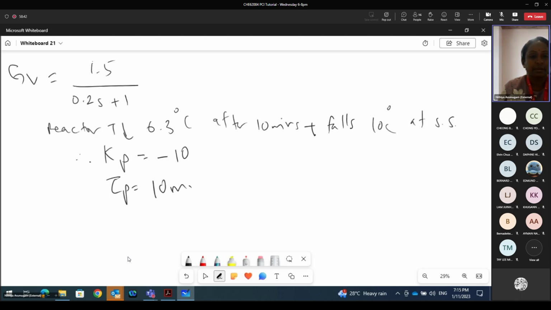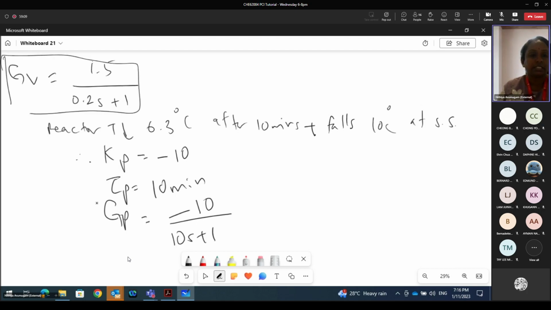So the Gp, or the transfer function of the process, can be expressed as K, here -10, over tau, 10, s plus 1. Okay, so Gp is expressed.